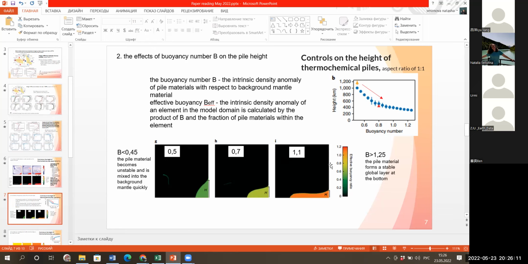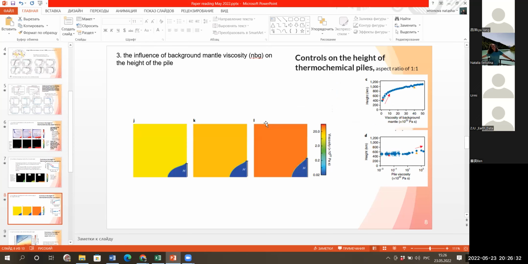So here there are 3 snapshots presented with different Bs, and we can see how it affects the height of the pile material. So the pile height decreases substantially when the buoyancy number increases.